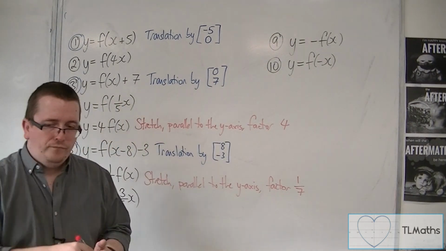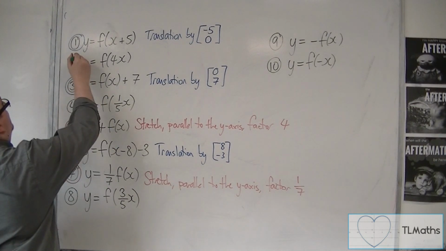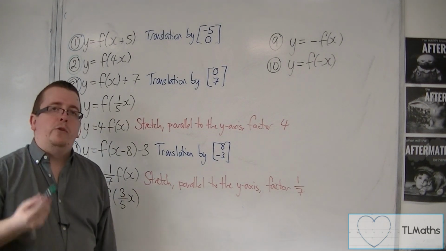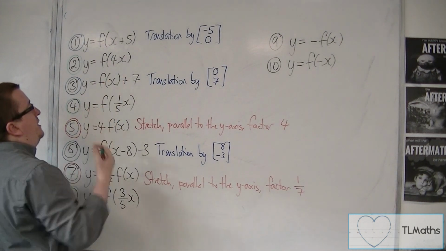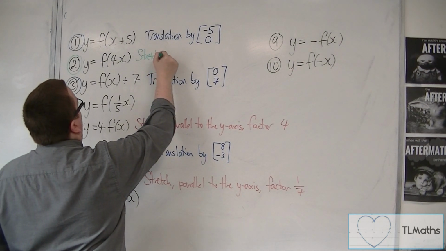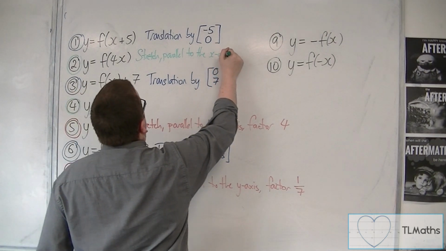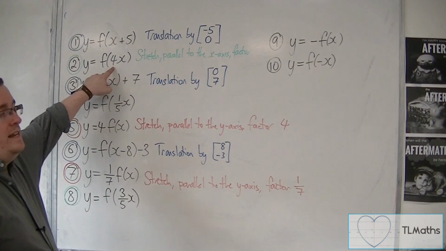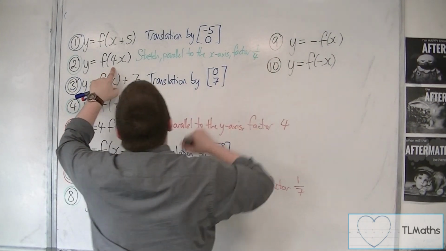Okay, so let's get a new colour. So the remaining ones, number 2, number 4, and number 8, must be stretches parallel to the x-axis because the number is inside the bracket. So this is a stretch parallel to the x-axis. Now the factor, because it's inside the bracket, is always 1 over that number, and so it is 1/4 for number 2.